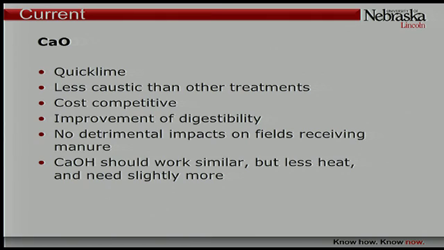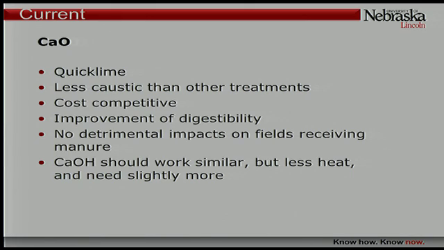We see there's an improvement in digestibility. There's no detrimental impacts on fields that are receiving the manure. And really, if you're adding that much calcium as calcium oxide, you can just remove a portion of your limestone that's in your diet.